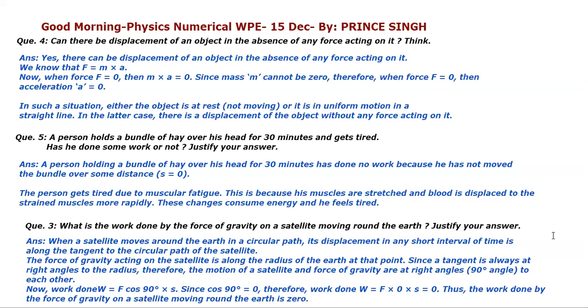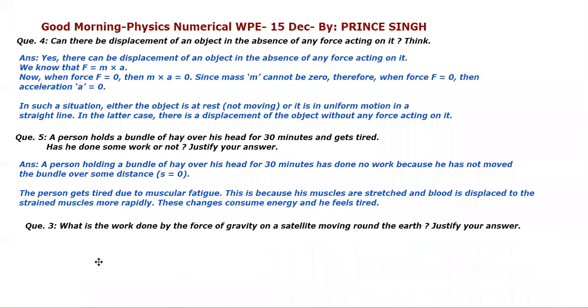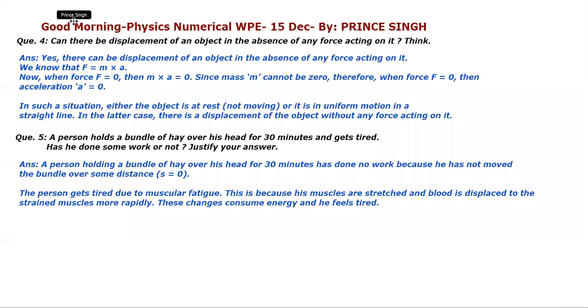Okay, not because of work. He got tired because of muscular fatigue. That is, muscles are stretched and blood is displaced to the sprained muscle more rapidly. These changes consume energy and he feels tired. Okay. Clear this thing?